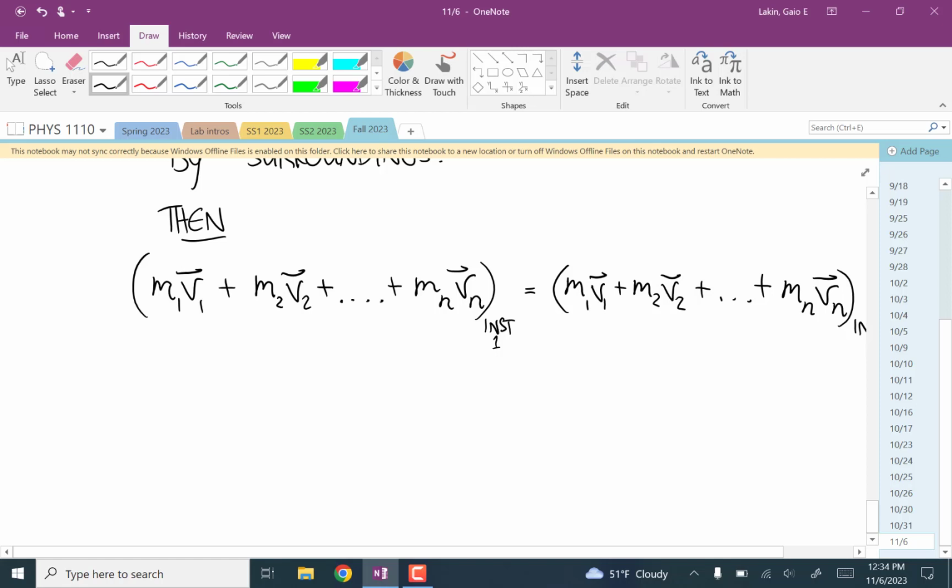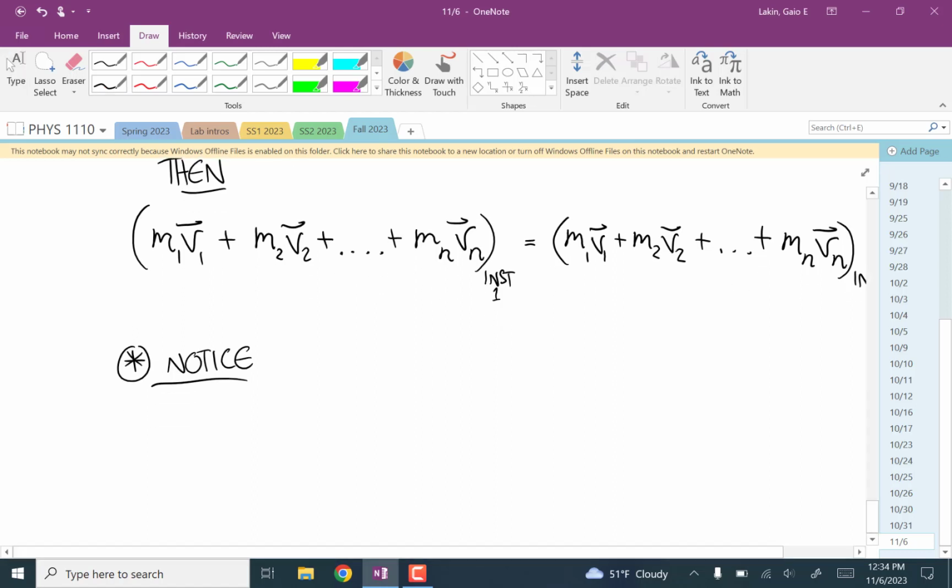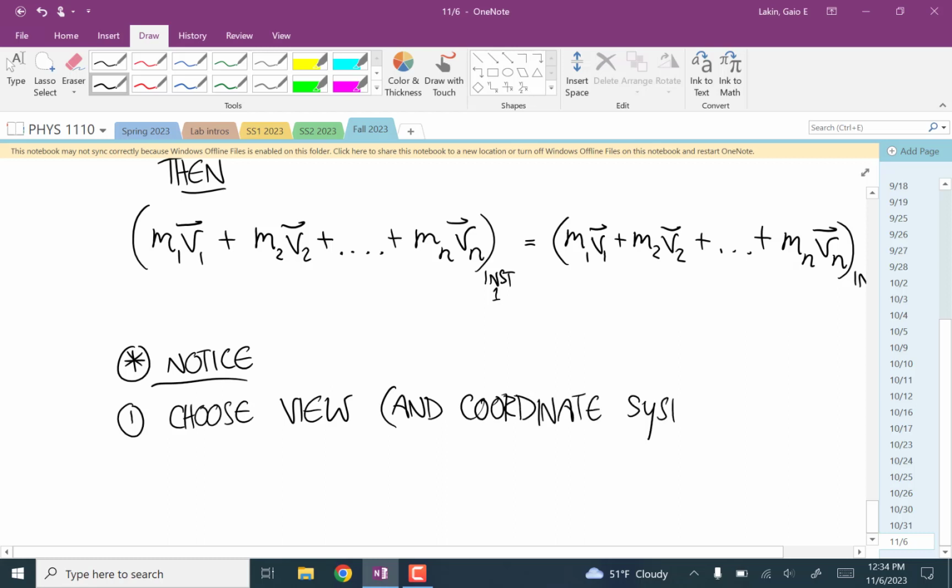There are a few things to notice about this. These are things that you definitely want to remember. The first one is you want to choose a view, and therefore a coordinate system, where the net force from the surroundings is 0.